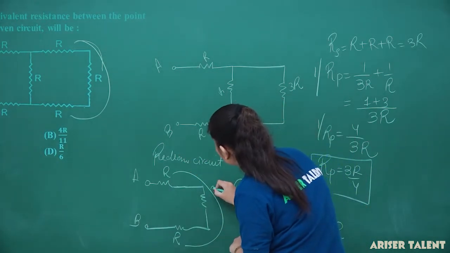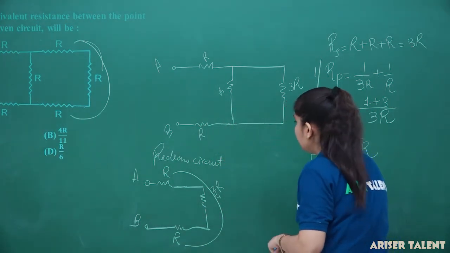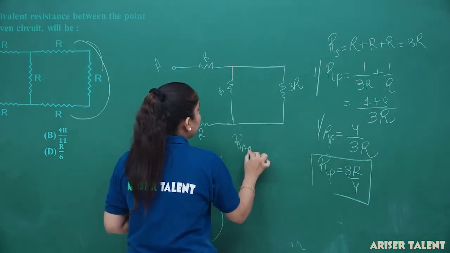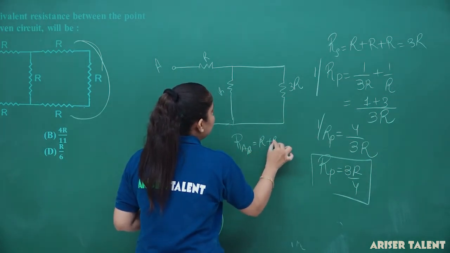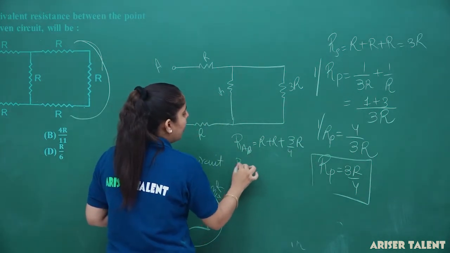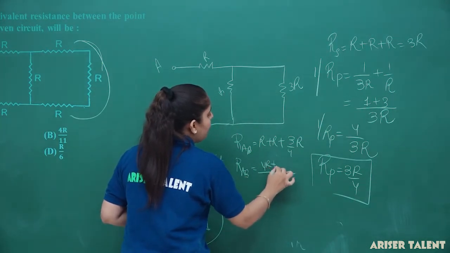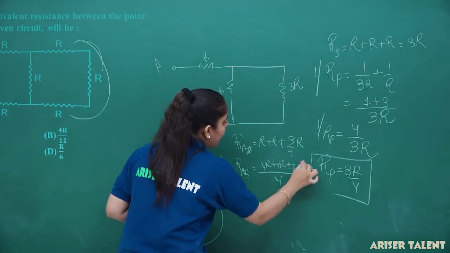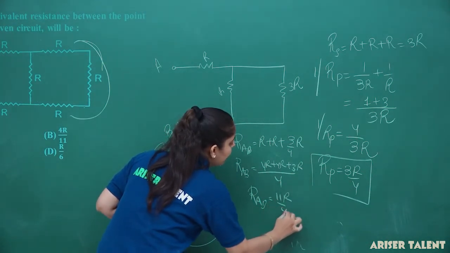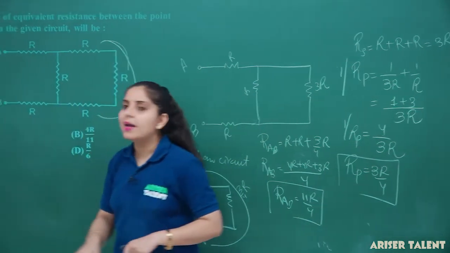So, this is our 3 by 4R, this is our 3 by 4R, and if I add this, RAB came out to be R plus 3 by 4R, and RAB will be, 4 will be the LCM here, 4R plus 3R, and RAB came out to be 11R by 4. So, we can say that option number C will be the correct answer here.